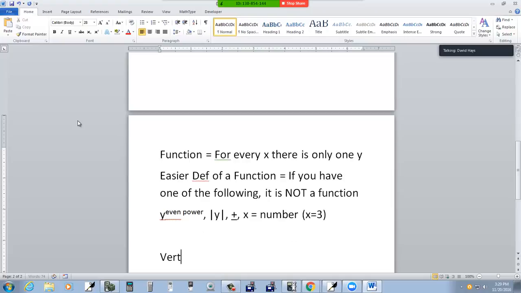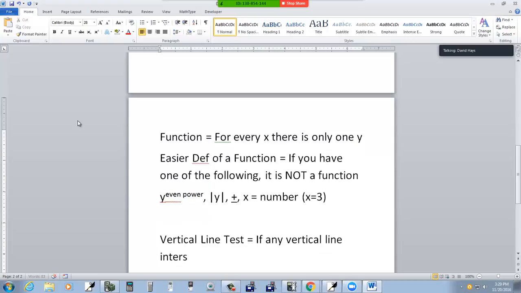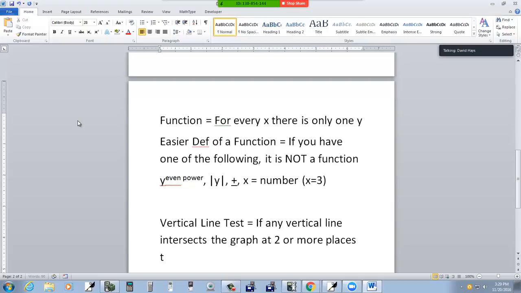Now we have something called a vertical line test. And this says if any vertical line intersects a graph at 2 or more places, then it is not a function.